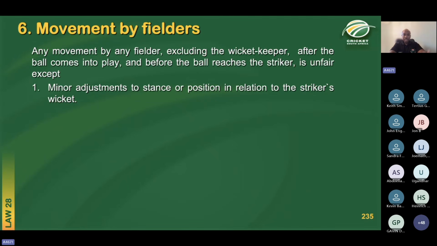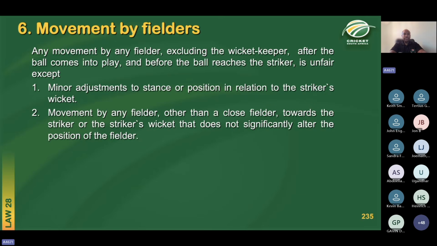That is considered a minor adjustment to their stance and is allowed by law. What is also allowed by law is movement by any fielder other than a close catching fielder towards the striker or towards the striker's wicket that does not significantly alter the position of that fielder.